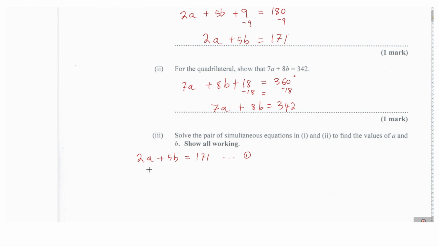And we have 7A plus 8B equals 342. Let's call this line 2. So here we're going to eliminate for A. Therefore, we need to make the coefficients the same. So we're going to multiply line 1 by 7 and line 2 by 2.